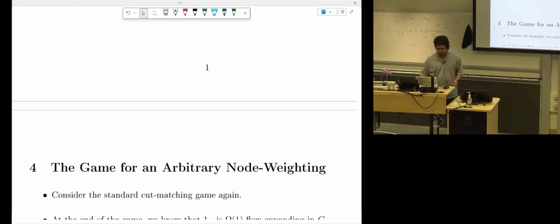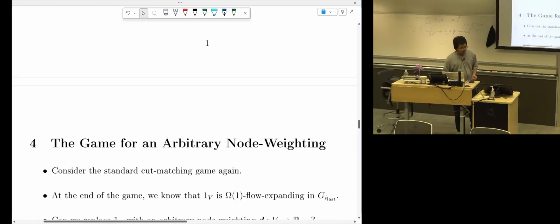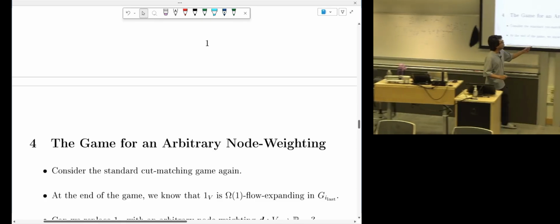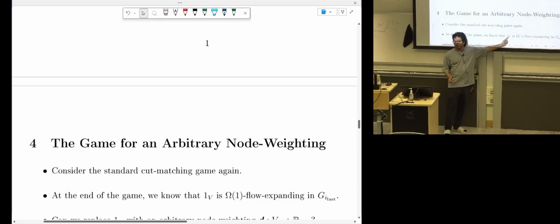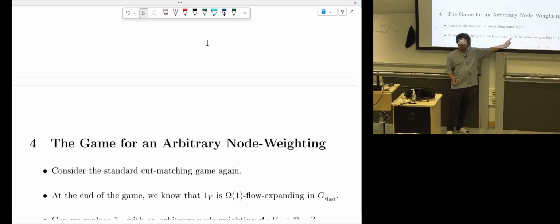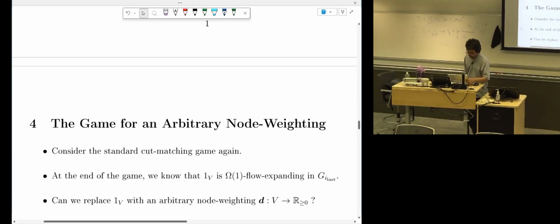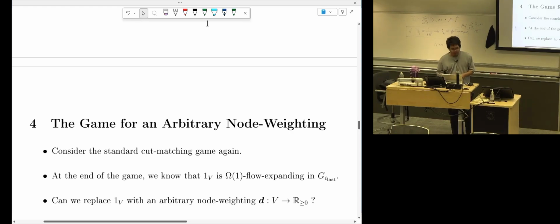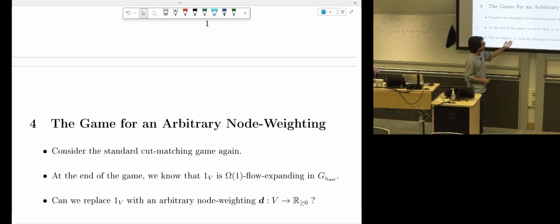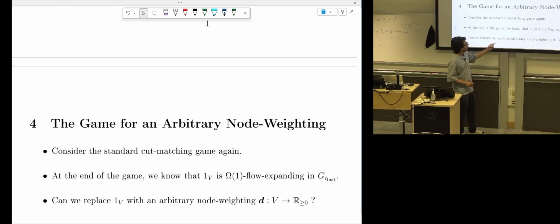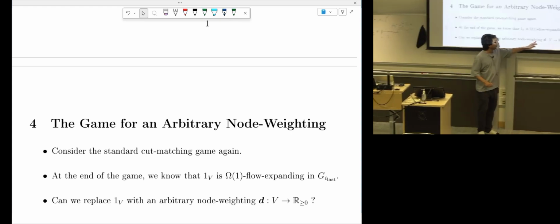We showed before that at the end of the game, the all one vector is expanding in the graph. And the question is, what if we don't use the all one vector? What if we replace the all one vector with some node weighting?